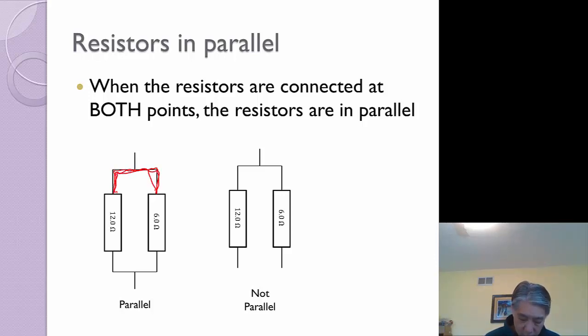It doesn't matter that I have a branch here, but they're connected on that side, and they're also connected on this side. For resistors in parallel, it doesn't matter that there are branches and turns and intersections associated with the wires, simply that they are connected on both sides. In the picture on the right, they're only connected on one side. This side is not connected, so this set is not in parallel.